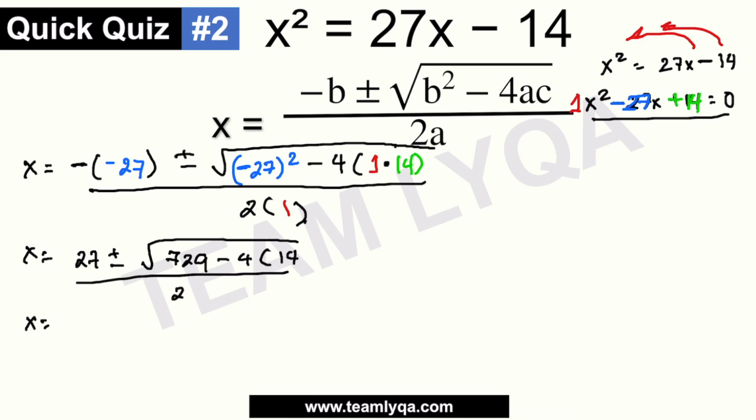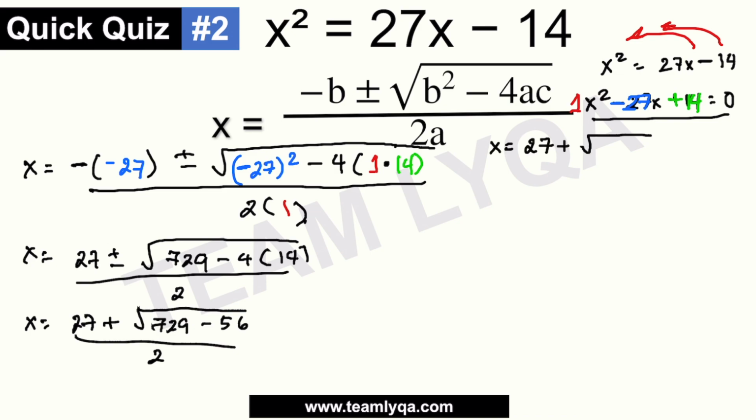X is equal to 27 plus the square root of 729 minus, okay, ang 4 times 14 is 56 all over 2. Okay. Solve natin next. Dun sa kabilang side lang para may space. X is equal to 27 plus the square root of 729 minus 56, which is going to give us 673.